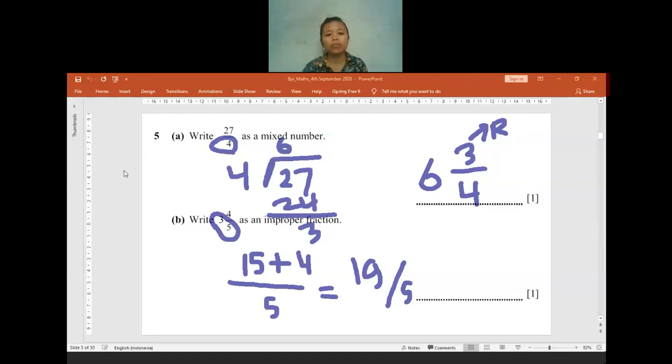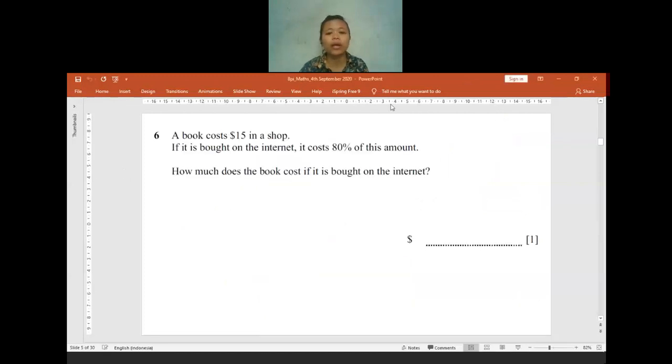Let me know whenever you have any question, yeah. Do not keep being quiet. Okay, for question 6, there are 26 questions. The number of questions will not always be the same. As long as the total marks is 50, the number of questions will adjust to how many marks there are, because sometimes one question can have 5 marks, sometimes one question only has 1 mark, depending on the type of question.